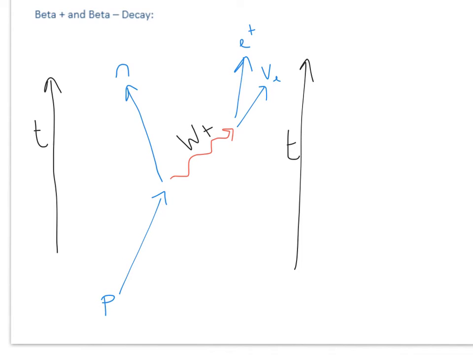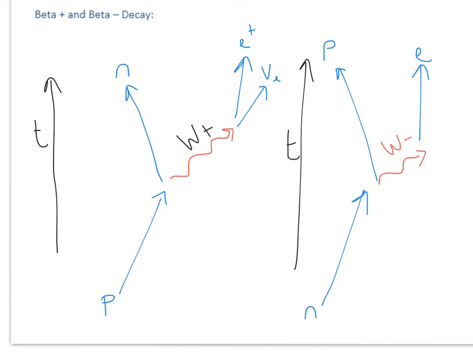With beta minus, instead of a proton going in, you have a neutron, and you have a proton coming out. This time you have a W minus particle. Again, we'll get to that later. So it's beta minus, so you have an electron emitted, which means you have an anti-electron neutrino being emitted also.